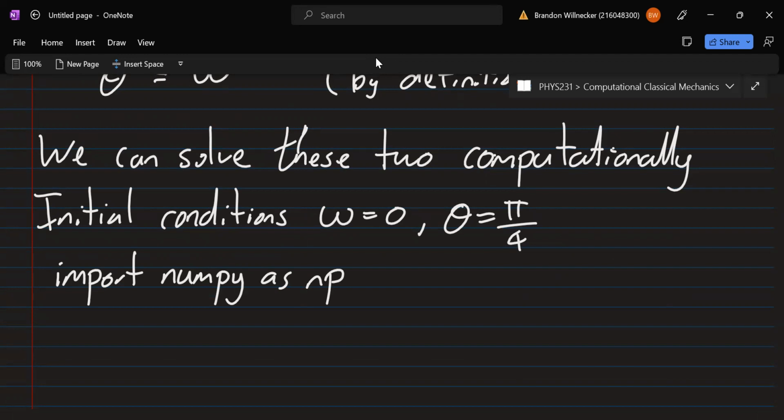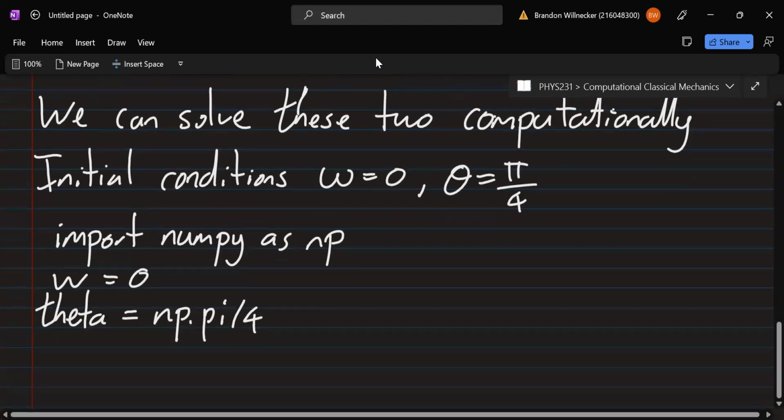We can set our initial values here. Instead of omega, I'm just going to write it as w, but we know that means omega. That's going to be 0. And theta, I'm just going to spell out as theta, that's np.pi over 4. Initial t is going to be 0.